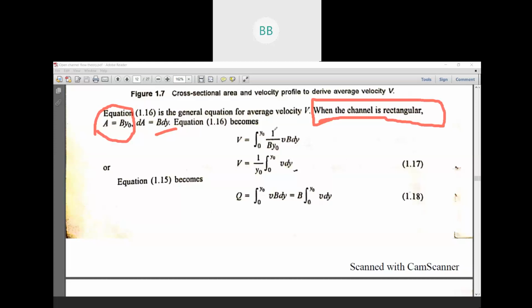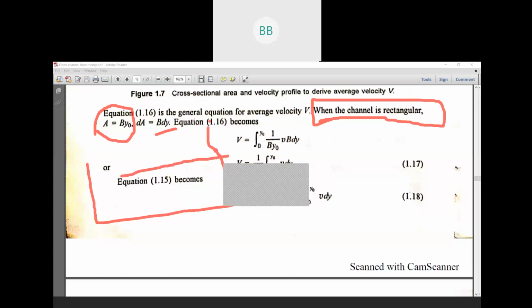Now for this equation, first we set the limit from 0 to y naught, as y naught is the maximum depth of flow.